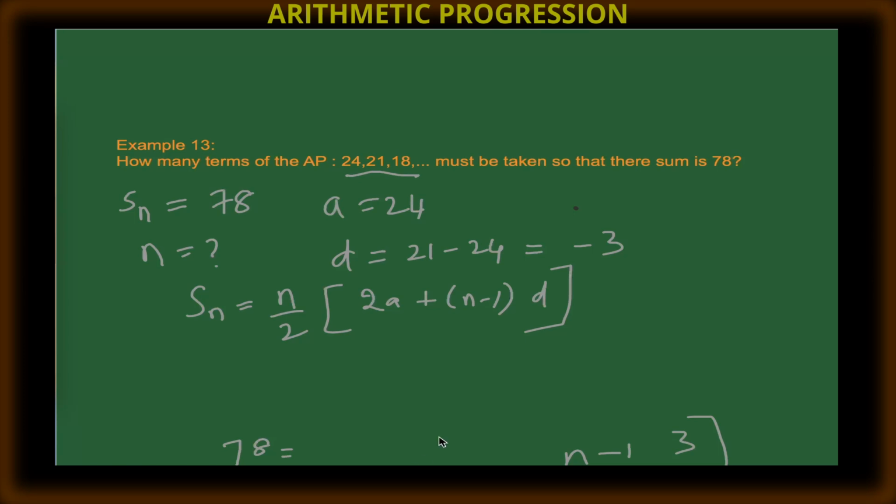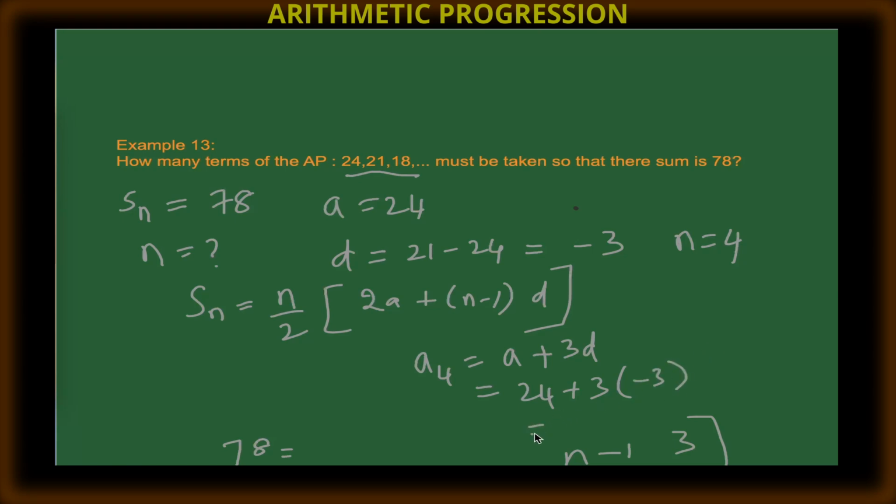Okay, so assume n is equal to 4, we have an n term, right? So for a plus n, that is 3d. So does it fulfill? A is 24 plus 3 into d is minus 3.